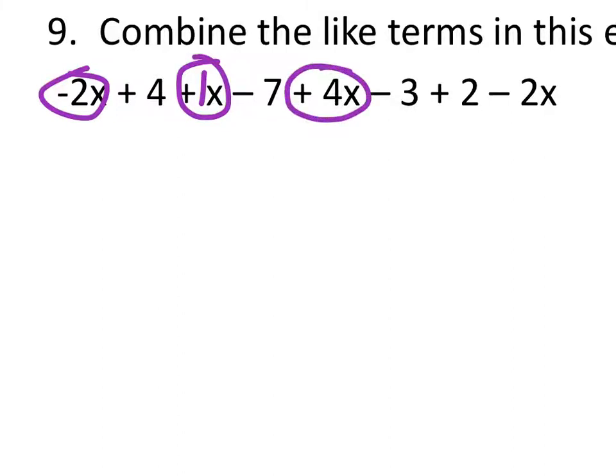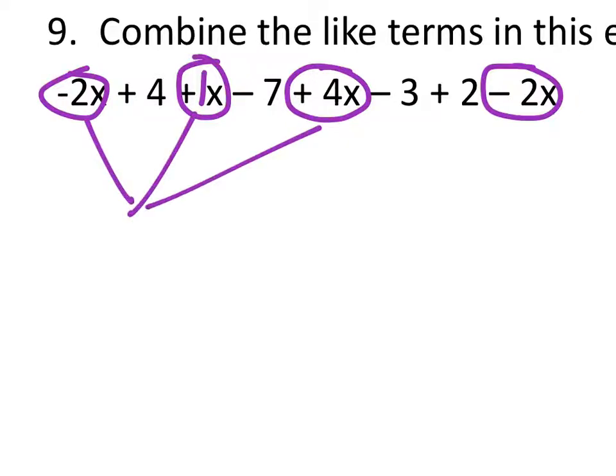And then this term has an x, and this one has an x. And remember, they take the operation to their left as their sign. So we've got a negative 2x with a 1x and a 4x and then a negative 2x. Combining all of those x's, how many x's are remaining? 1x. Negative 2 plus 1 plus 4 minus 2, bam, 1x.